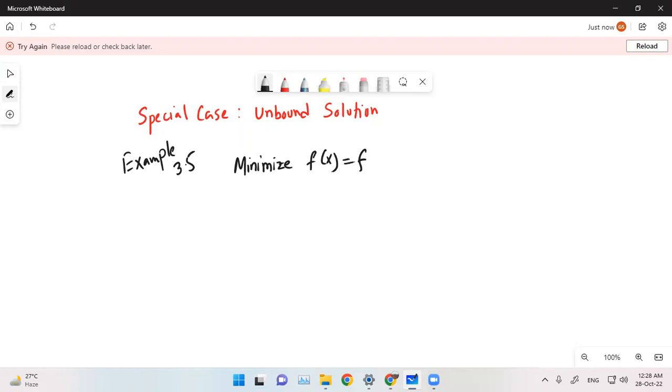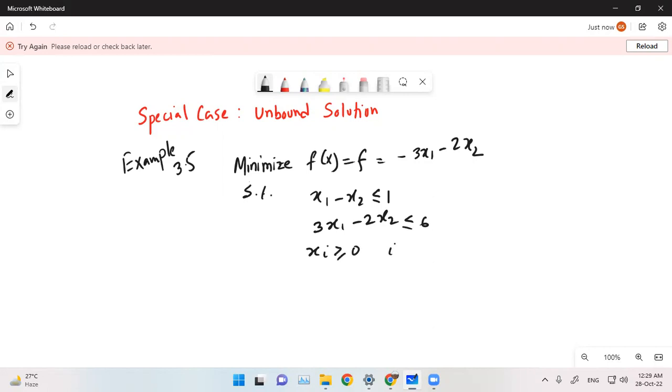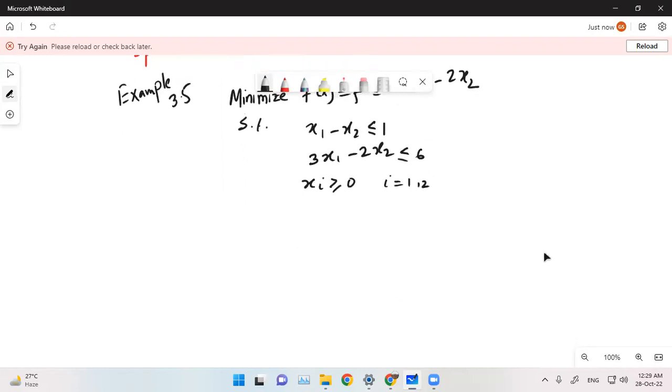So basically minimization of the function with minus 3x1 minus 2x2, subject to the constraints x1 minus x2 is smaller or equal to 1, 3x1 minus 2x2 smaller or equal to 6, and also xi is given to be greater or equal to 0, where i is 1 and 2 because we have two variables, x1 and x2.